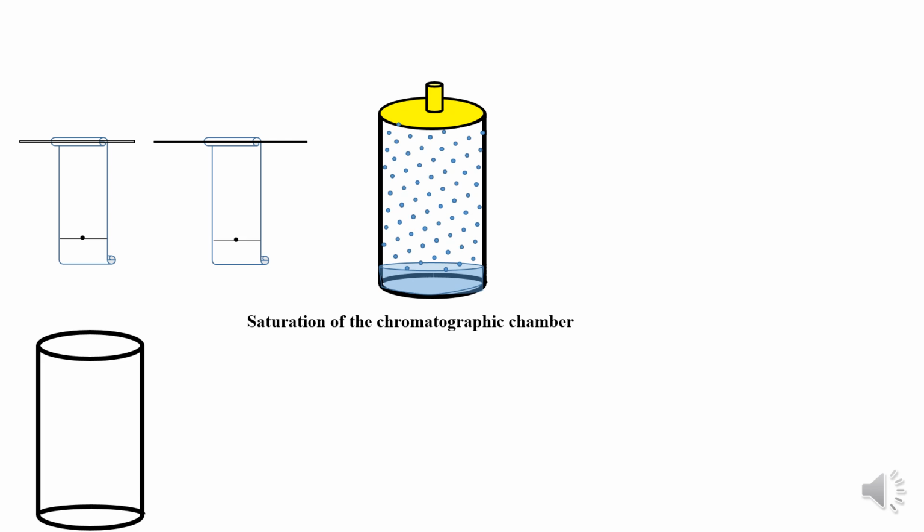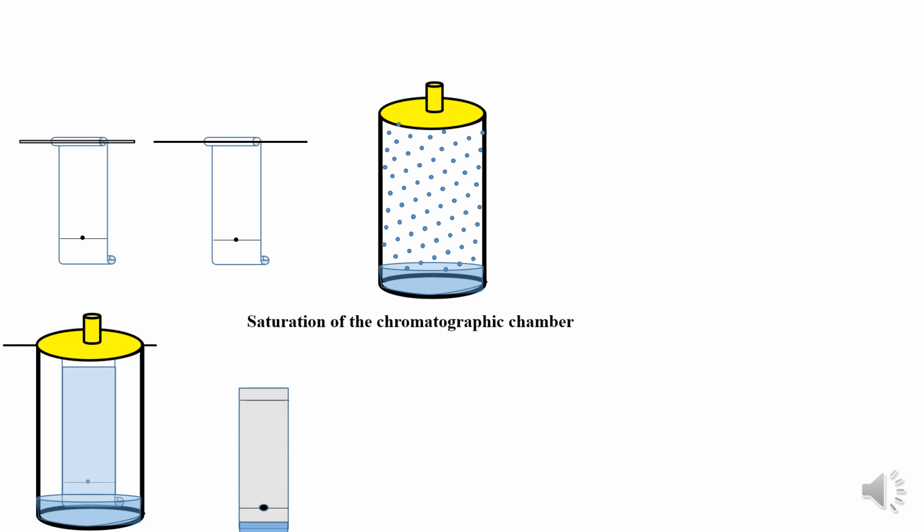Remove the lid. Introduce the prepared Whatman paper, which is hung using a thread. Close the chamber, and you can see that the mobile phase travels up the Whatman paper by capillary action, and in the process the given sample mixture gets separated into individual components.